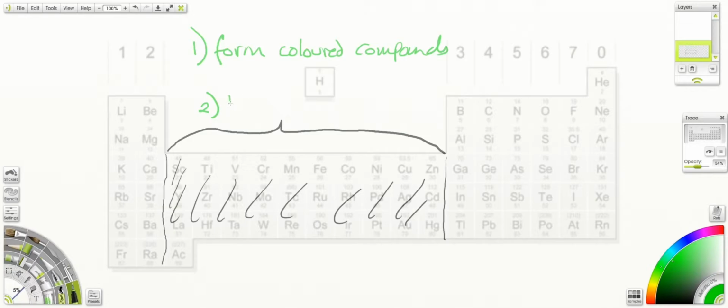They have a high melting point, so it's going to take a lot of heat energy to melt them. Melting means turning from a solid to a liquid. So that's what you need to know about transition metals. Is that okay, people?